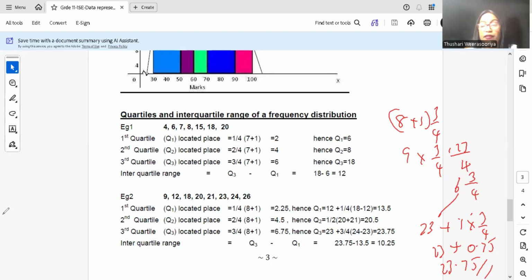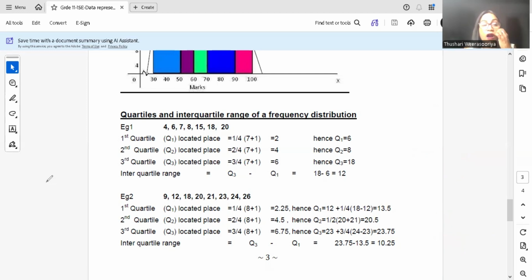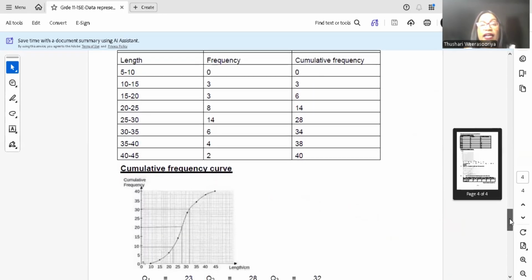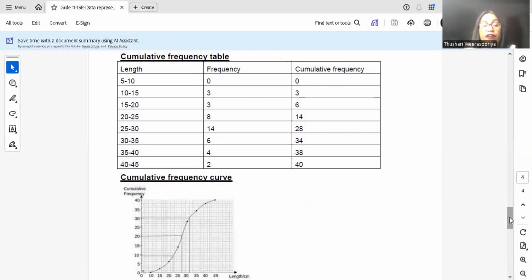Now we'll move on to the other part of it. That's how you find the quartiles and interquartile range. Now, to find the quartiles and interquartile range when you are given class intervals, how are you going to find it? Look at this, 5 to 10.